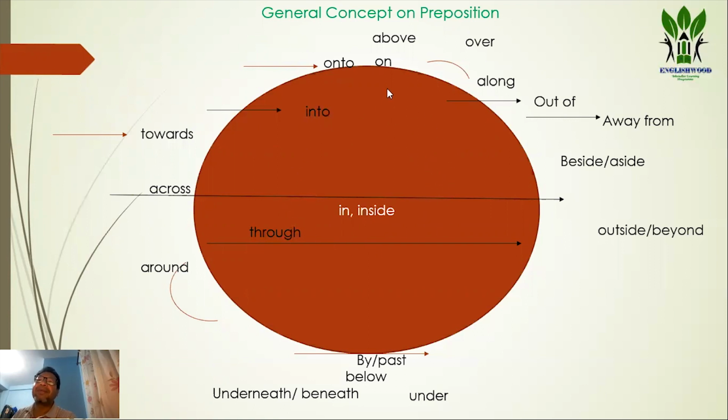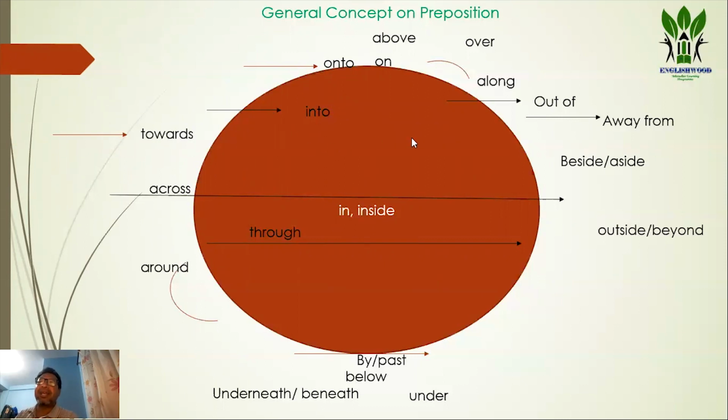If something is just on it, this is on, and if something is going towards the surface, then onto. If it is going inside, into. Difference between in and into: you are sitting in the room, but someone is walking into the room. Ram is running into the room. So into refers to motion.